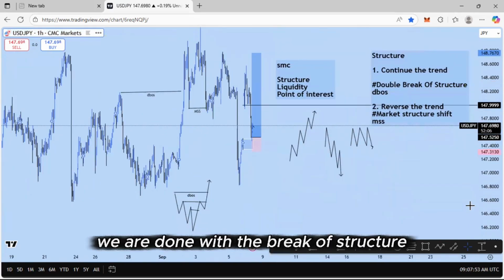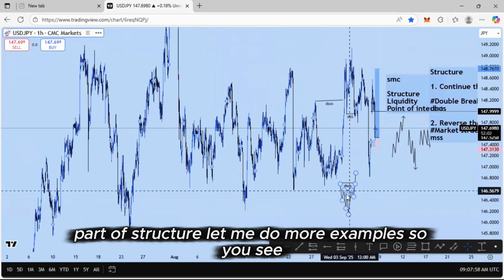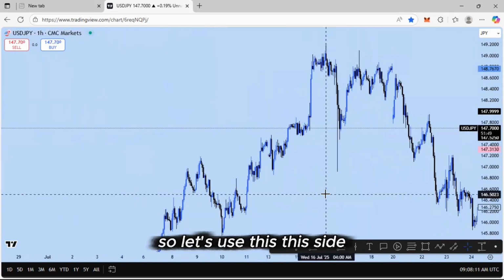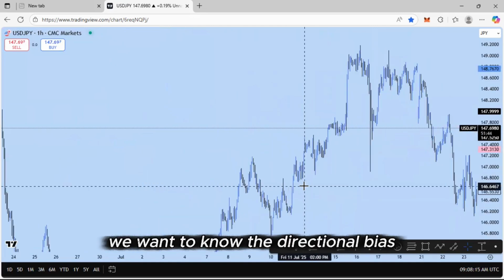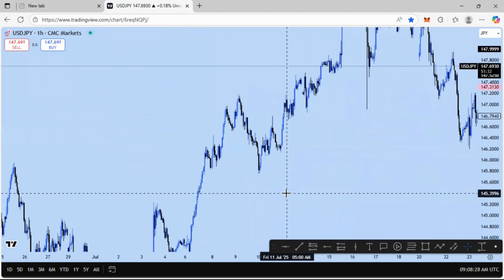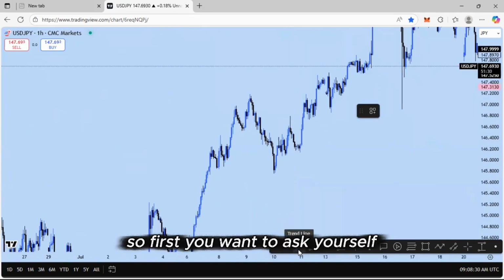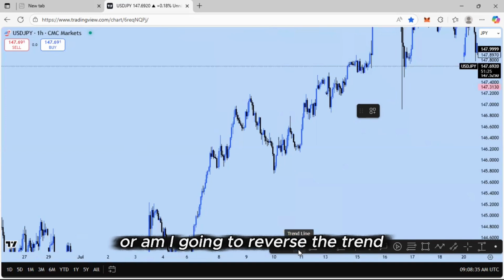We are done with the double break of structure part of it. Let me do more examples so you see. So let's use this side. We want to know the directional bias, knowing the trend, where the direction of the market is going. So first, you want to ask yourself, am I going to continue with the trend or am I going to reverse the trend?